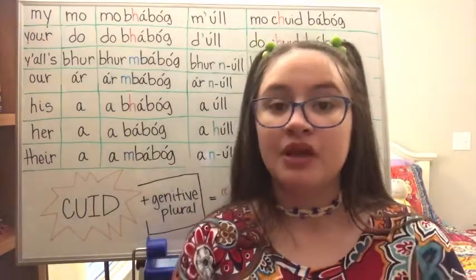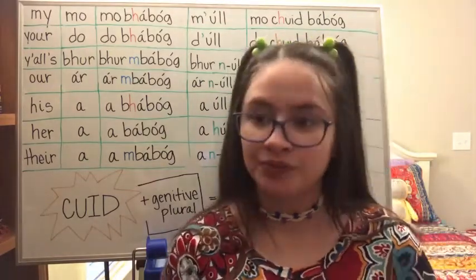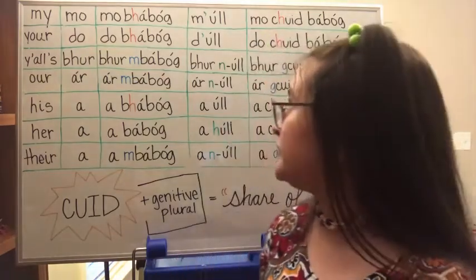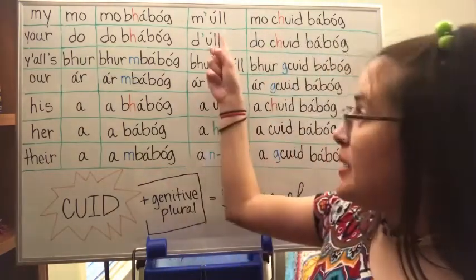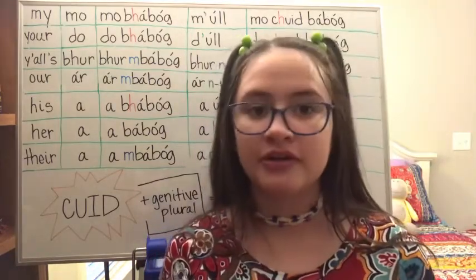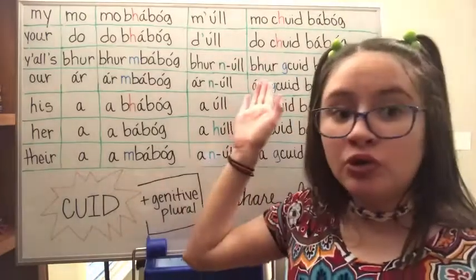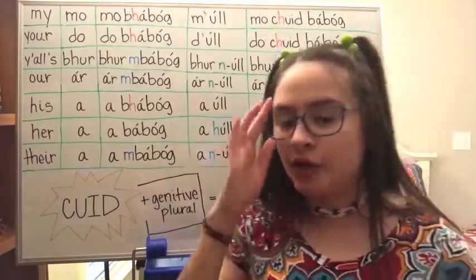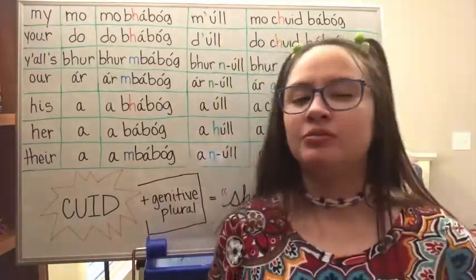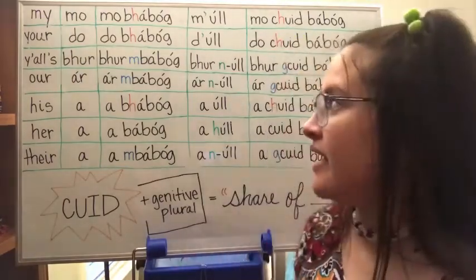Well, úll starts with a vowel, so there's a bit of a difference here. We just say m'úll, because it can be weird to say mo úll. It flows better if you say m'úll. We'll get into the plural form in a second, like if you're possessing a plural thing, but I want that to be a little bit separate because I have to go into a bit more detail about that.